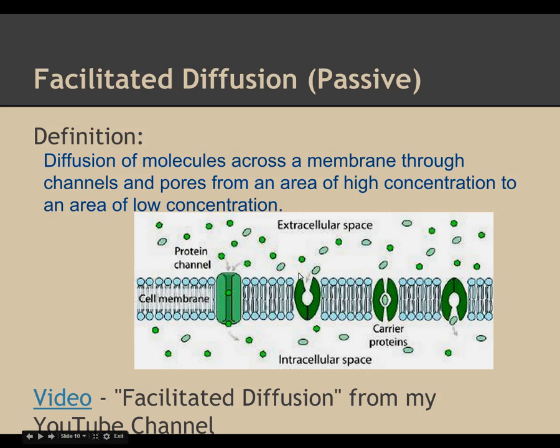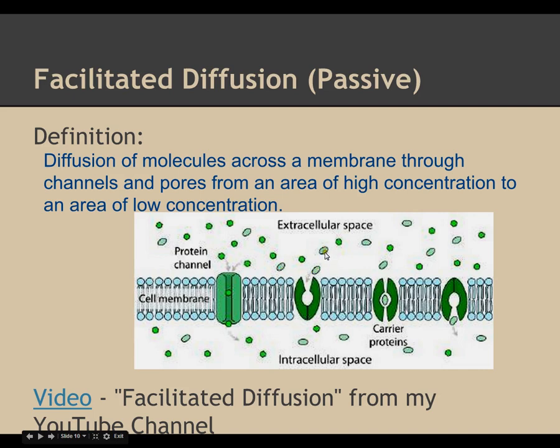These also work on the idea of high concentration to low concentration, because if there is a high concentration of these little round green ones on the outside of the cell, then the probability is high that they will be bouncing off of each other and other molecules, and that they will land here and get pulled through the channel protein. The same thing is true for these oval-shaped ones that are a little bit more teal in color.